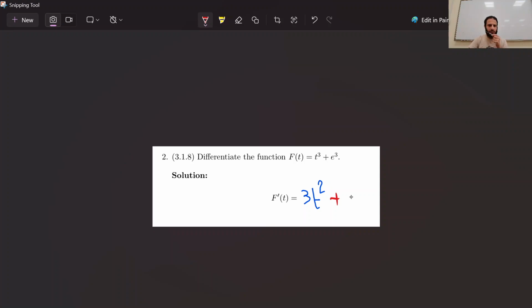So it's 3t squared plus 3e squared. Is this correct? e is constant, e cubed is constant, so it's just 0, right? So this is the solution.